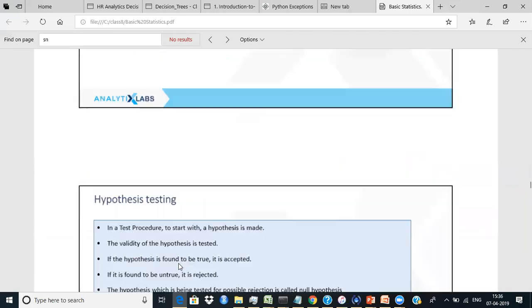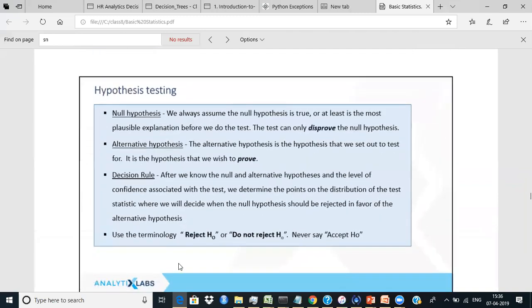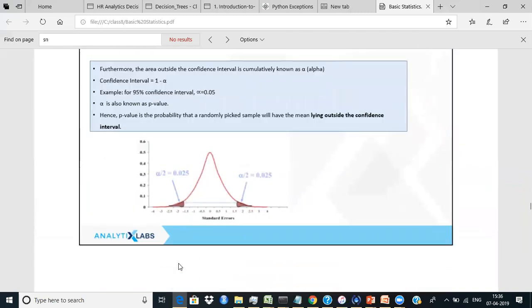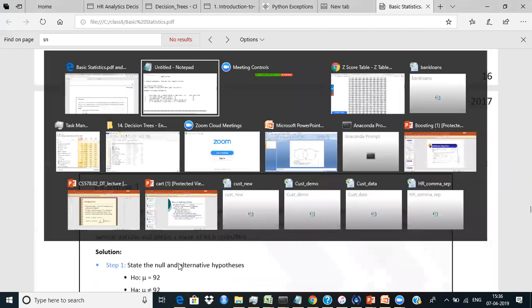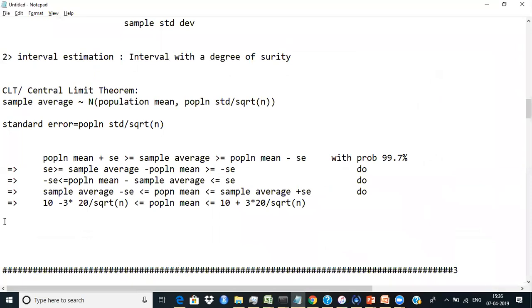Okay, I think there are no examples. Okay. Any questions on interval and point estimation?